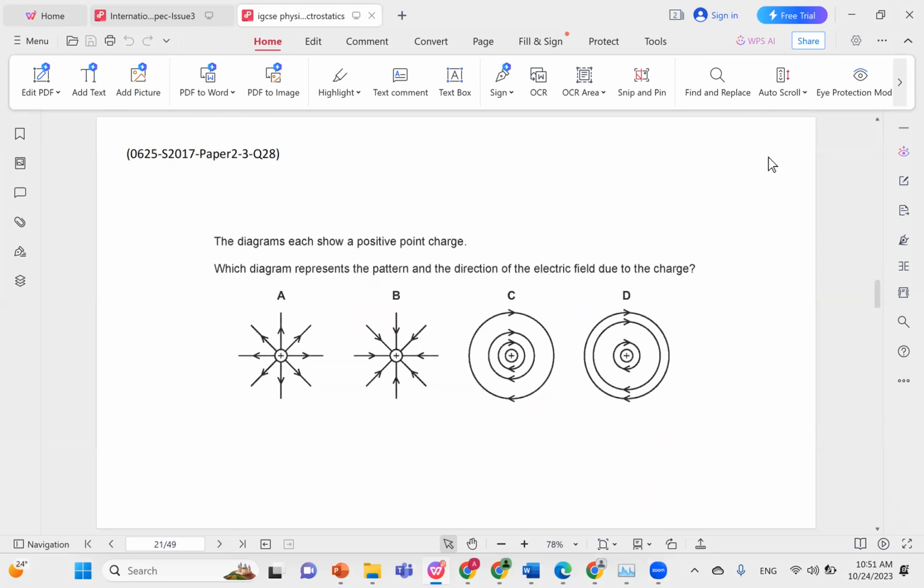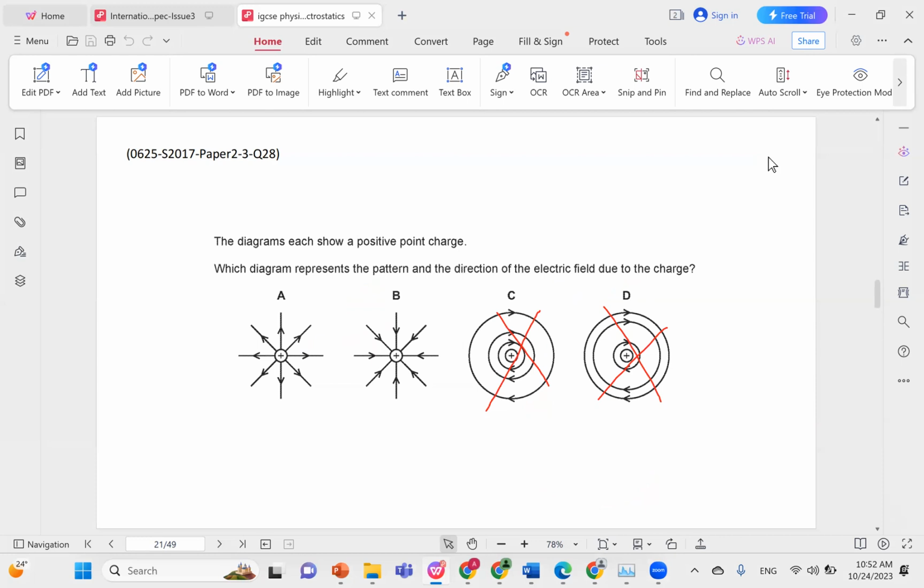The diagrams each show a positive point charge. Which diagram represents the pattern and direction of the electric field due to the charge? Again, C and D are incorrect. They have something to do with the electric field due to a wire, but we will take this later in the topic of electromagnetics. Anyway, for A and B, they look like what we're looking for.